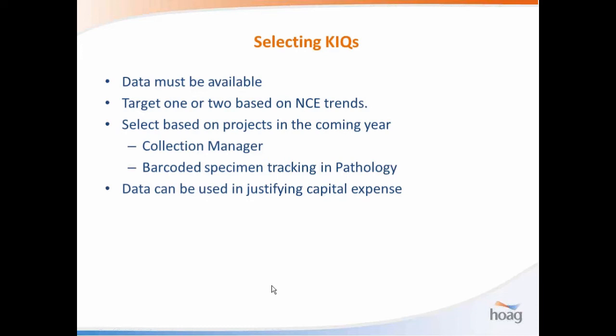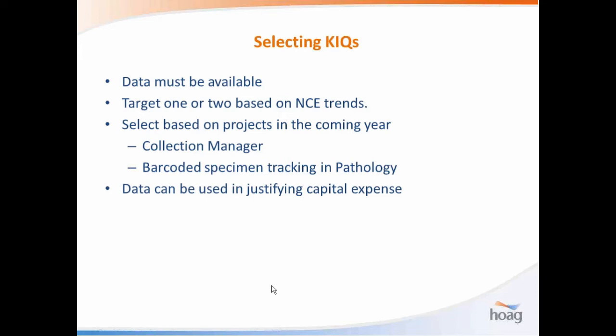When you select your KIQs, here are some tips. You want to make sure you can get at the data, so it should be something you can easily get at data-wise. You definitely want to target 1 or 2 based on your NCE trending. Select something that you're going to be working on in the coming year. Don't select a KIQ that you have no intention of paying any attention to, otherwise you're just going to be doing data for data's sake.